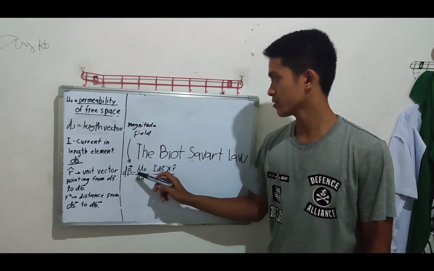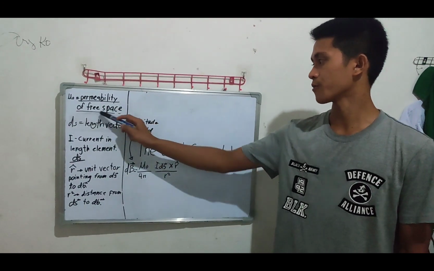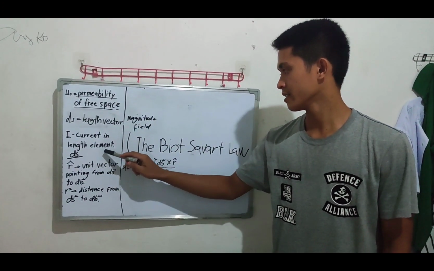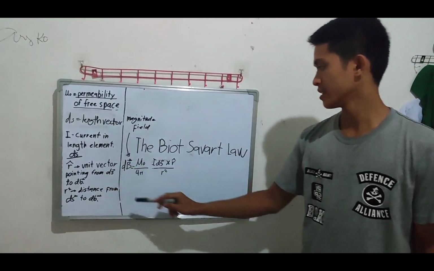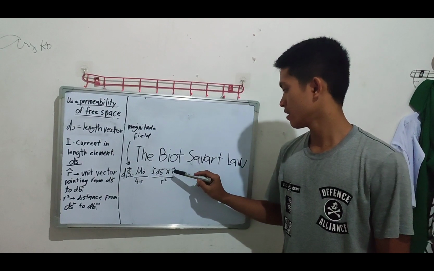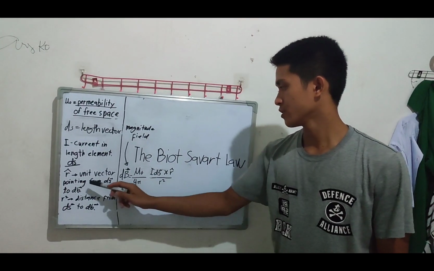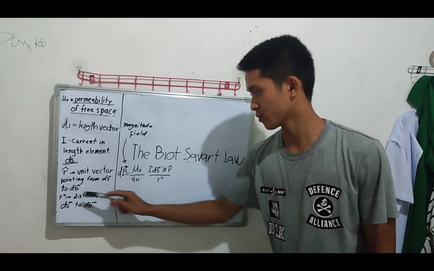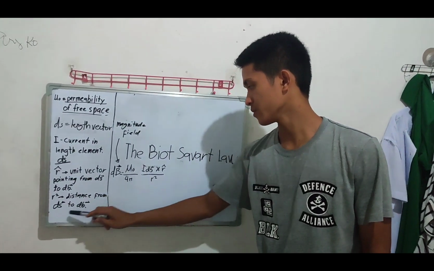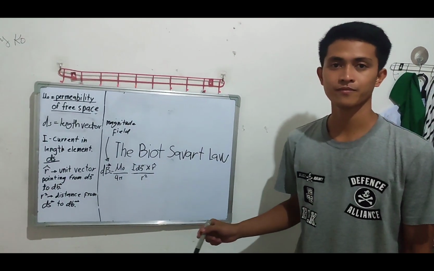Mu sub 0 stands for permeability of free space. I is current in the length element ds, and ds is a length vector. r hat is the unit vector pointing from ds to dB. And r squared is the distance from ds to dB.